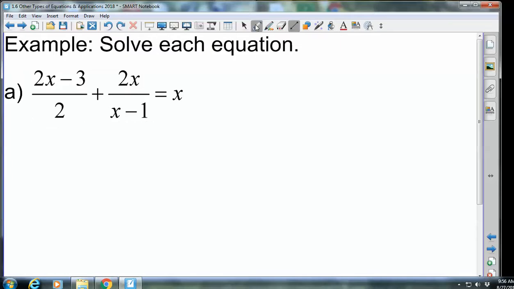Alright, so when I look at this, I have this piece, I have this piece next. I'm going to make myself a note at the very beginning. What can x not be?